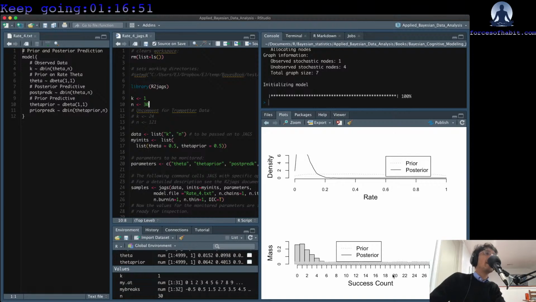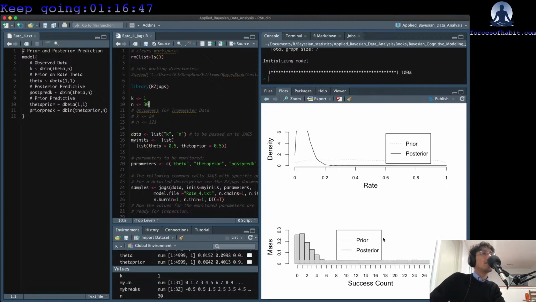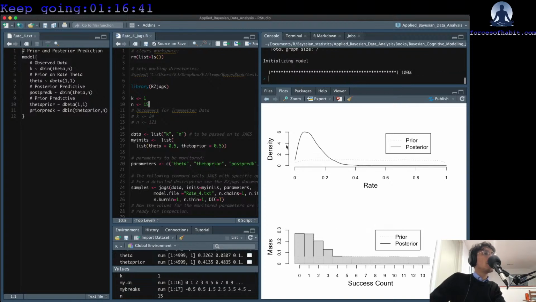And as I increase the amount of possible outcomes, it just extends the prior. So we'll go to 15.